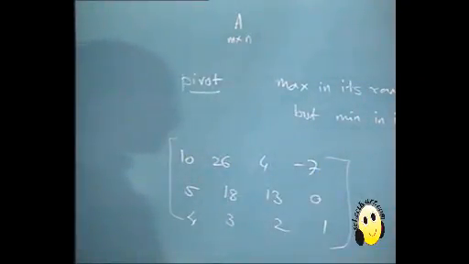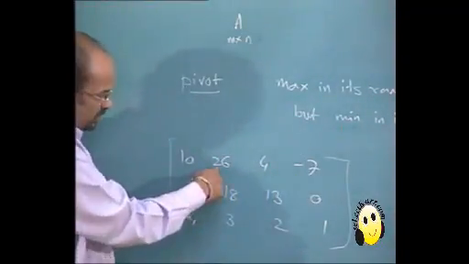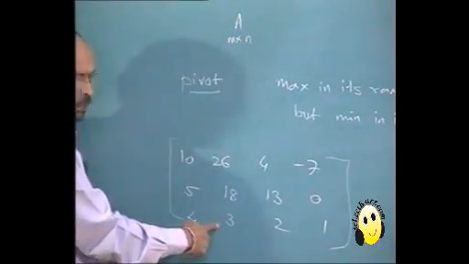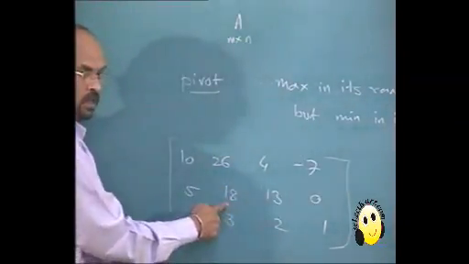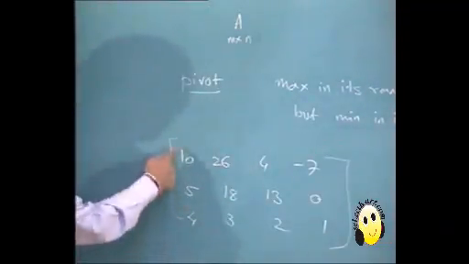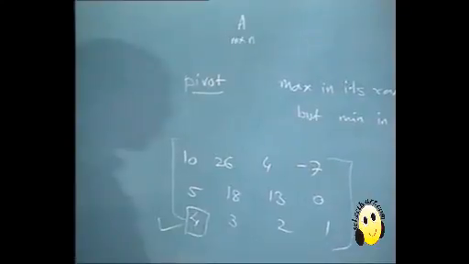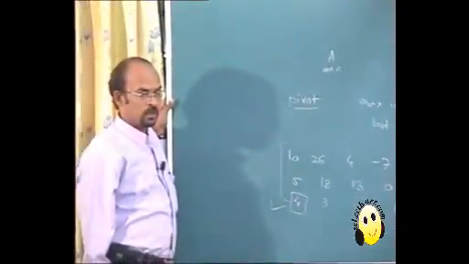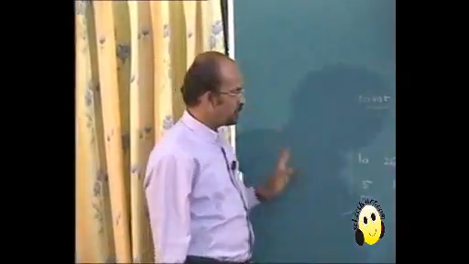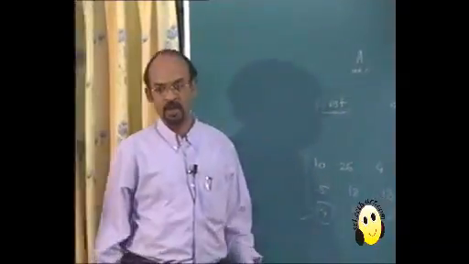Which will be the pivot element? Every time find out the maximum, 26, and check whether it is minimum in its column. No. Next row it is 18. Is it minimum? No. Next row it is 4. Is it minimum? Yes. So find out the element which is the pivot element. There could be multiple pivot elements also. But the element should be such that in its own row it should be maximum, in its column it should be minimum. Then it will be a pivot element.